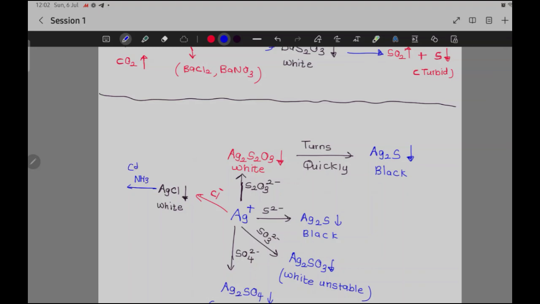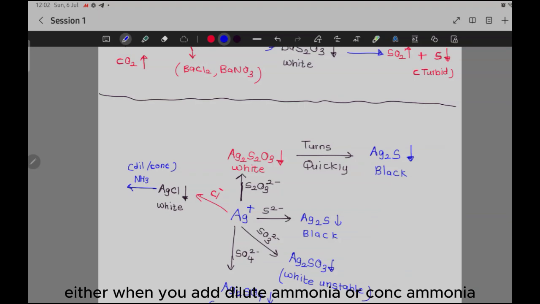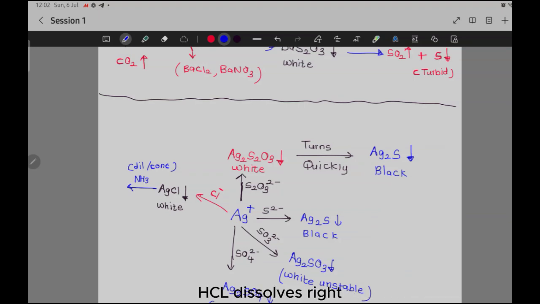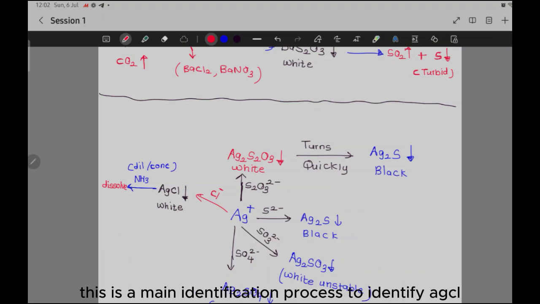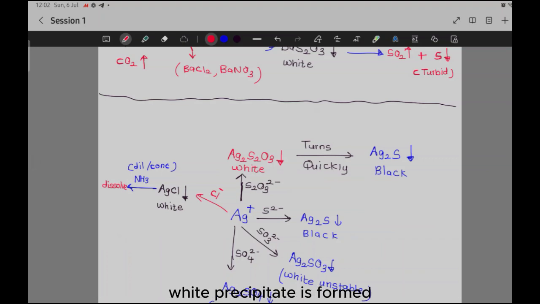When you add either of them, either dilute ammonia or conc ammonia, AgCl dissolves. That's the idea you have to remember: AgCl dissolves. So this is the main identification process to identify AgCl: a white precipitate is formed.